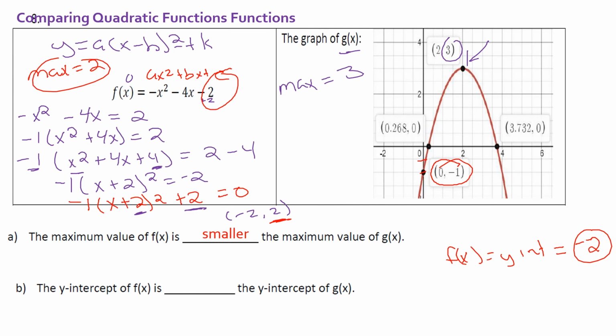And so my y-intercept here would be at -1. So make sure you're paying attention to your graph. So for g of x, the y-intercept is -1. So the y-intercept of f of x is smaller than the y-intercept of g of x because -2 is smaller than -1.